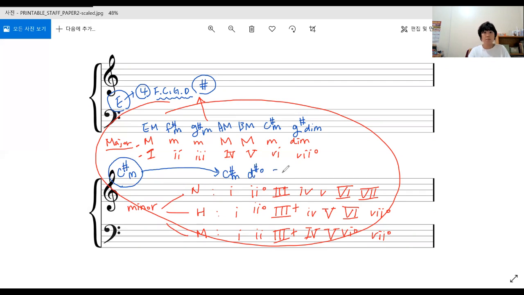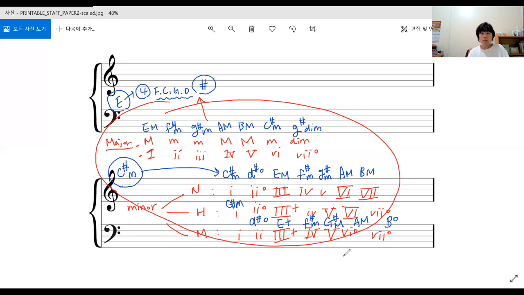And then E major, F sharp minor, and then G sharp minor, A major, B major, like that, okay? Right here, harmonic minor scale: C sharp, D sharp diminished, E augmented, F sharp minor, G sharp major, A major, and then B diminished. Okay.